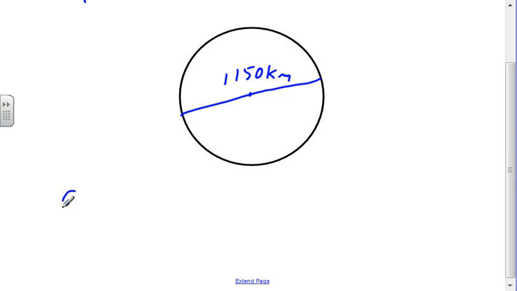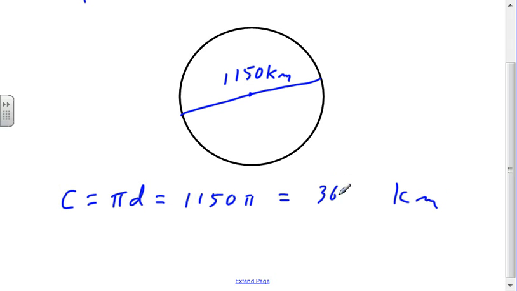Okay, well, we want the circumference. Pi d. 1150 times pi. When I get done, kilometers will be my dimension, and I only want 3 significant digits. 3610.